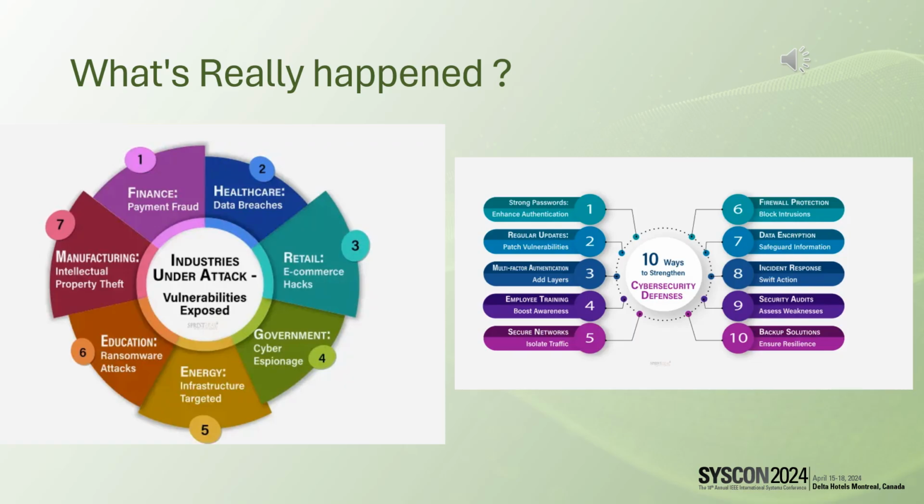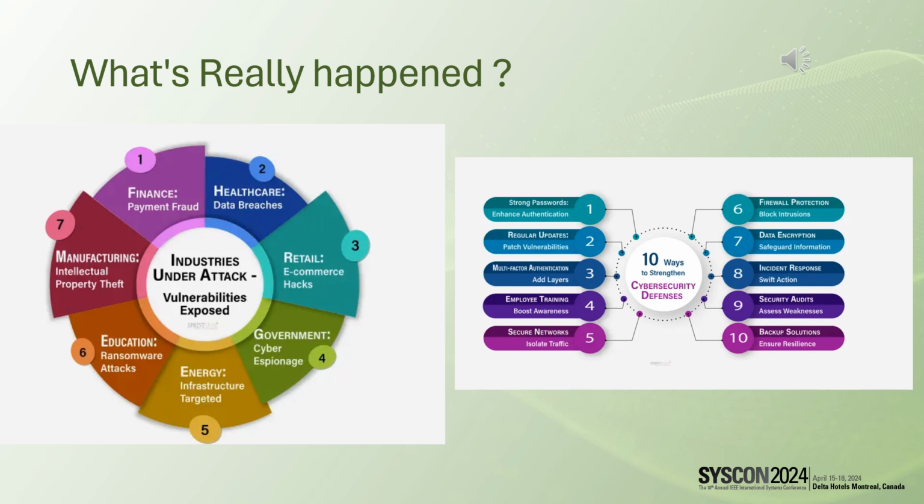More specifically, nowadays we have a high demand on attacks in the Russia crisis with the EU. We can find several attempts to expose the infrastructure targeting the energy. On the education side, we have the ransomware attacks.